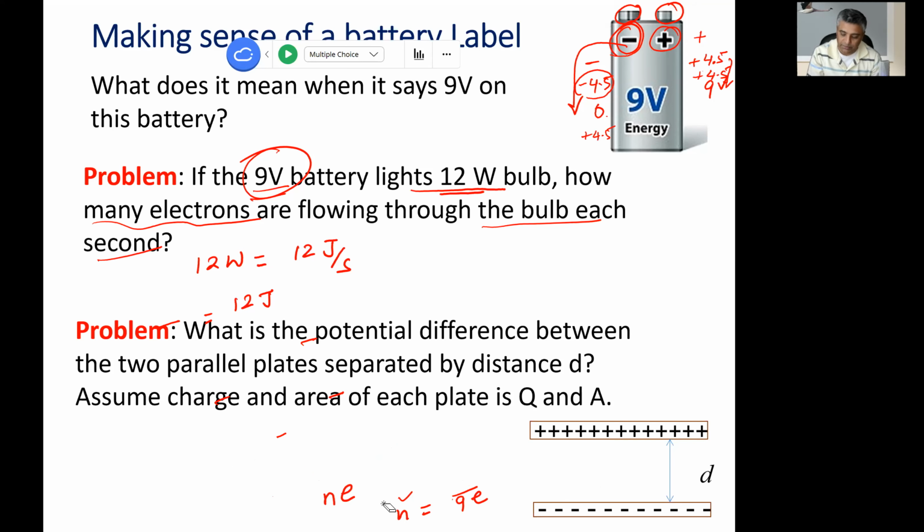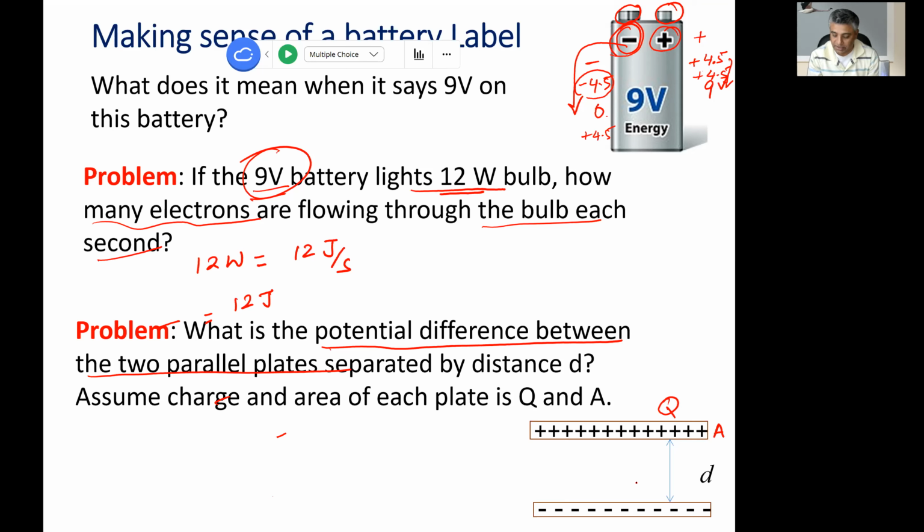So it says, what is the potential difference between two parallel plates separated by a distance? And it says, assume charge and area of each plate Q and A. So there is charge Q and the plate has an area A. And the question is, what is the potential difference between two parallel plates?